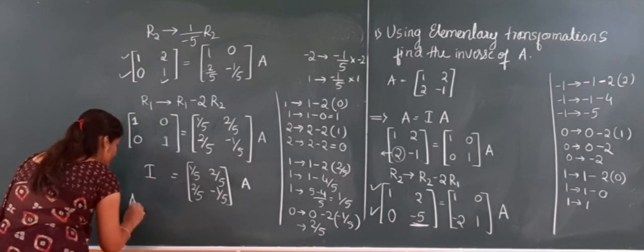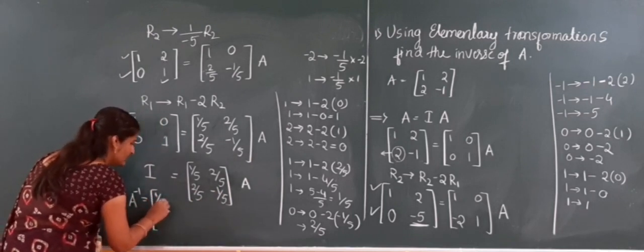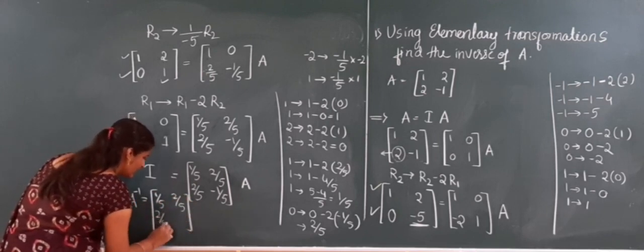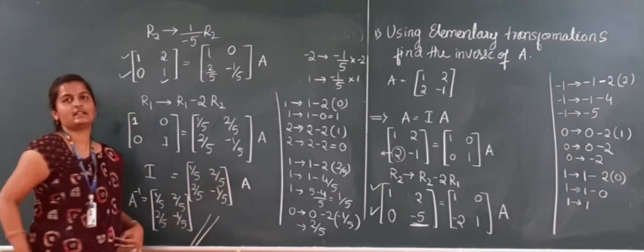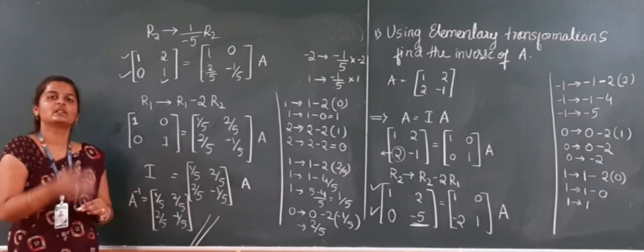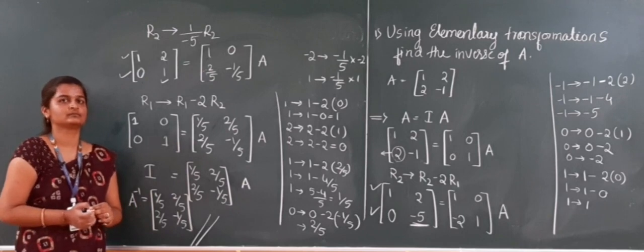So A inverse is equal to 1 by 5, 2 by 5, 2 by 5, minus 1 by 5. So like this you have to solve. A little bit lengthy for the first problem, but if you try, you will get it easily. Okay? Thank you.